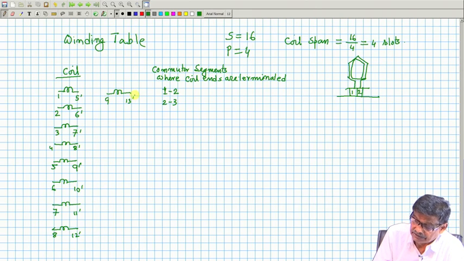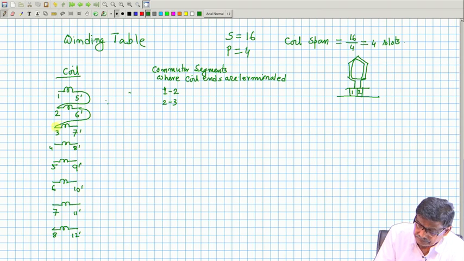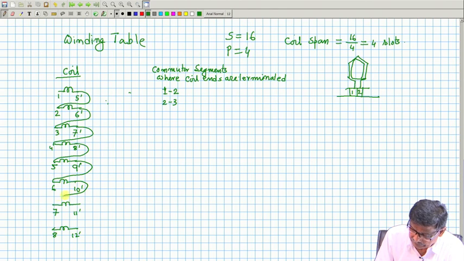Anyway, up to this point I will just do, okay. And all these coils are connected in series. And continued like this.